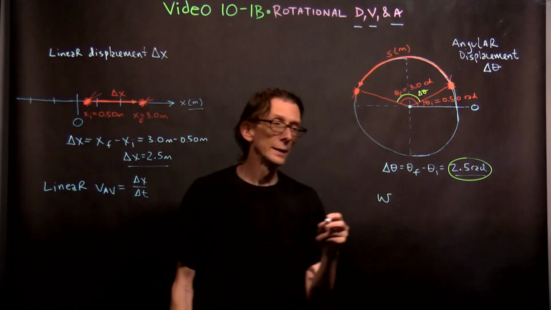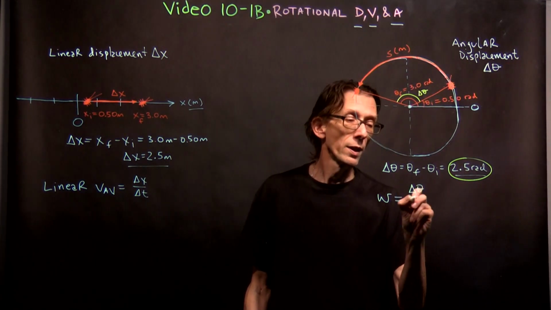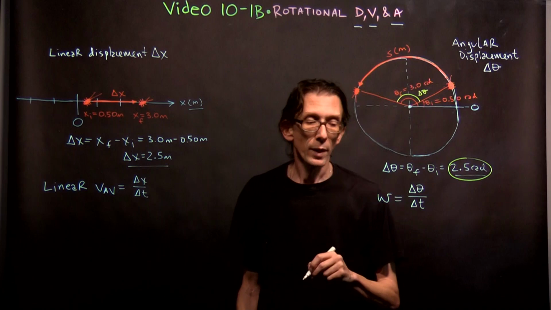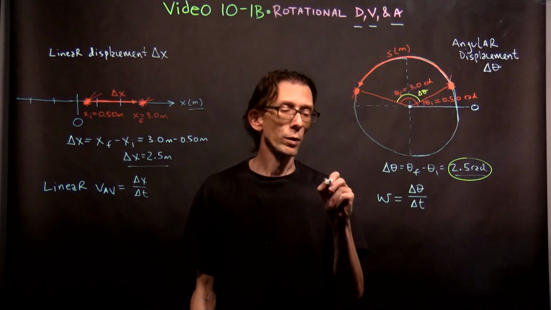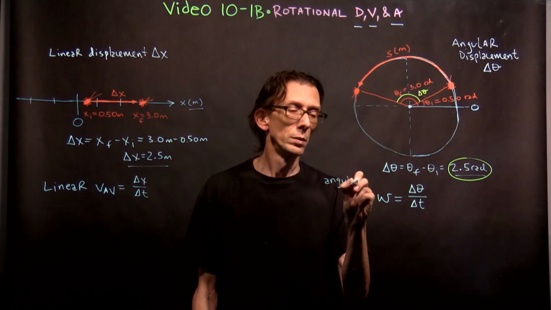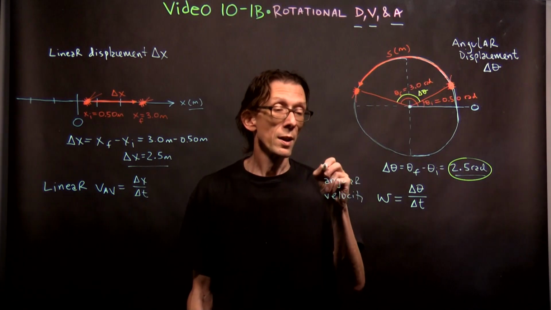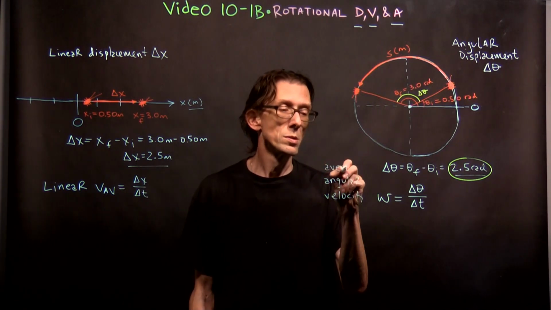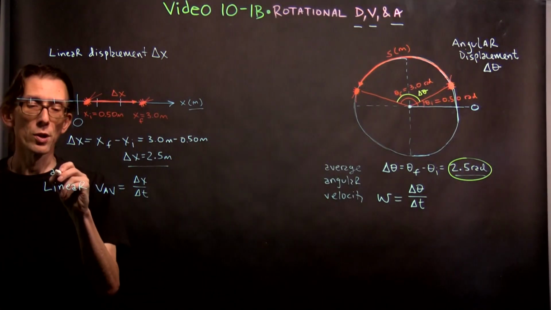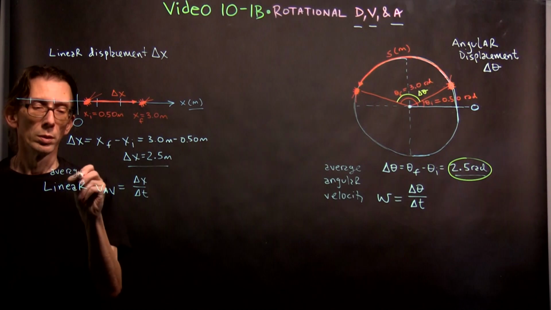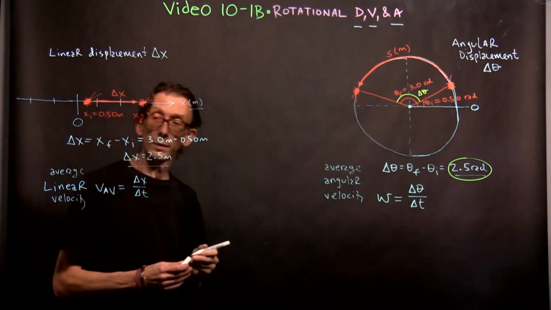The Greek letter omega is equal to delta theta over delta t. And this is known as rotational velocity or angular velocity. Actually, this is average angular velocity, in the same way that this is average linear velocity.